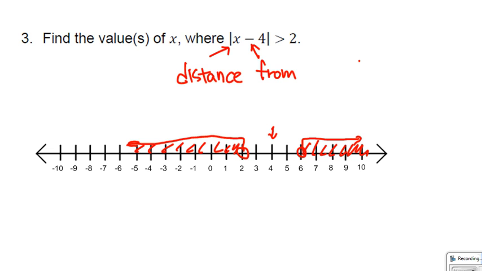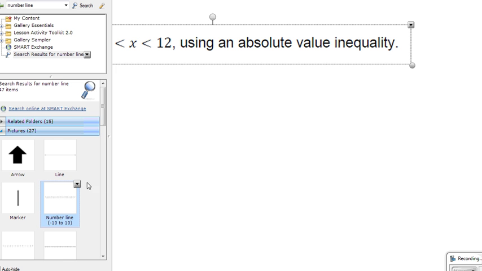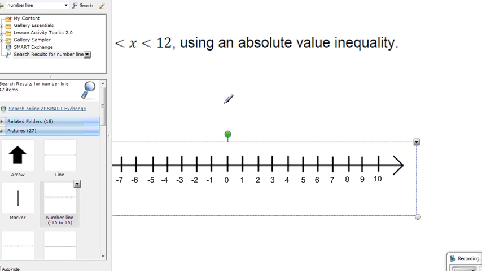All right. Let's look at number 4. In this case, we want to express this using the absolute value inequality. Let me try to use something else.